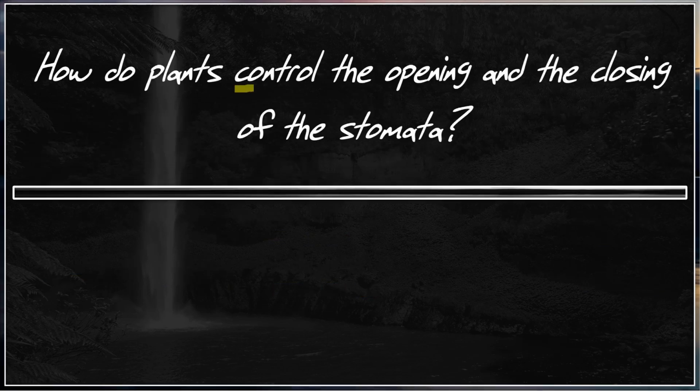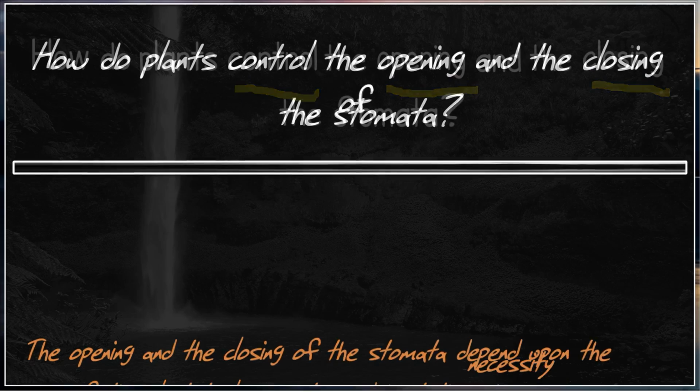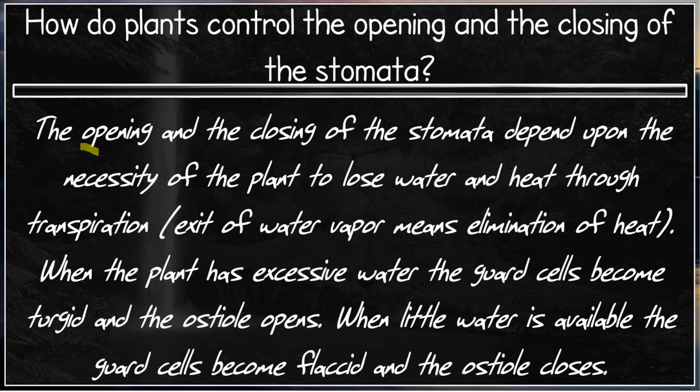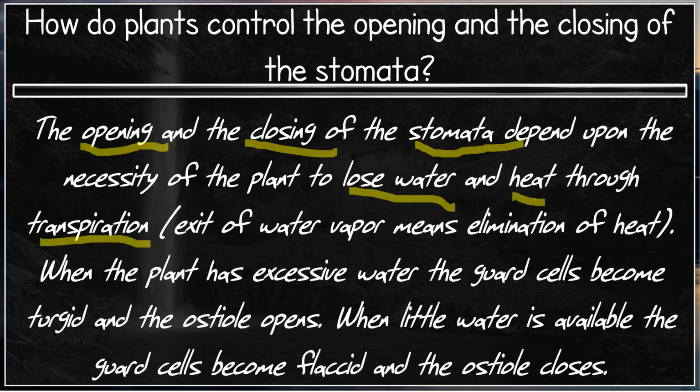What controls the opening and closing of the stomata? The opening and the closing of the stomata depends on the necessity of the plant to lose water and heat through transpiration. That is, the exit of water vapor means elimination of heat.